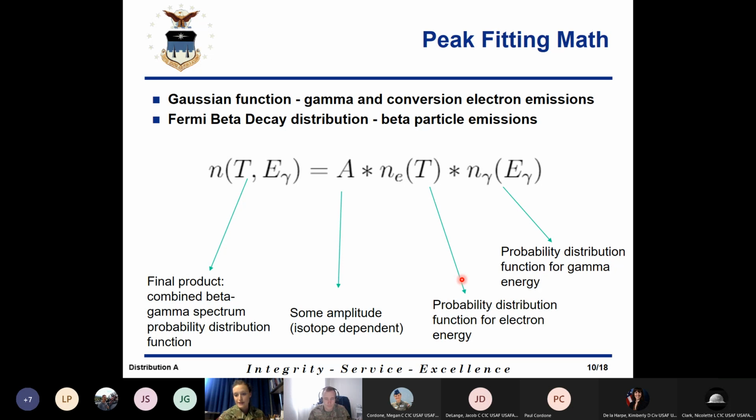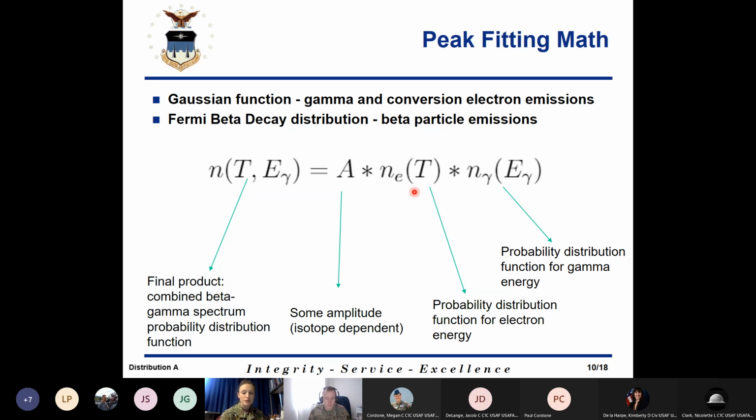So mathematically, how does that work? You have an amplitude here, A, which corresponds to each different isotope. It's isotope dependent. And then the second one, for the beta emissions, you have the probability distribution function for that multiplied with the probability distribution function for gamma, which is going to be that Gaussian.